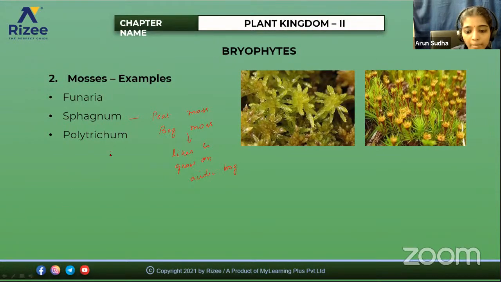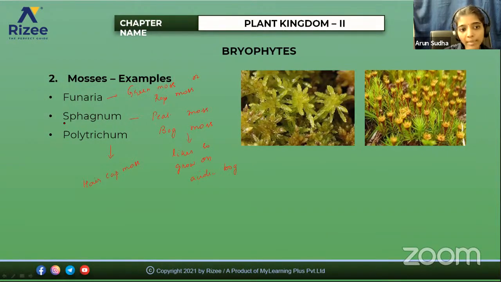And Polytrichum is called hair cap moss. And Funaria is called green moss or rope moss.